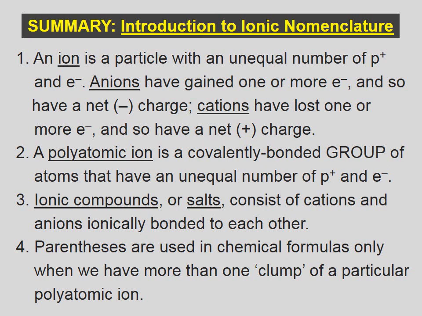A polyatomic ion is a covalently bonded group of atoms that have an unequal number of protons and electrons. 3. Ionic compounds, or salts, consist of cations and anions ionically bonded to each other. And 4. Parentheses are used in chemical formulas only when we have more than 1 clump of a particular polyatomic ion.